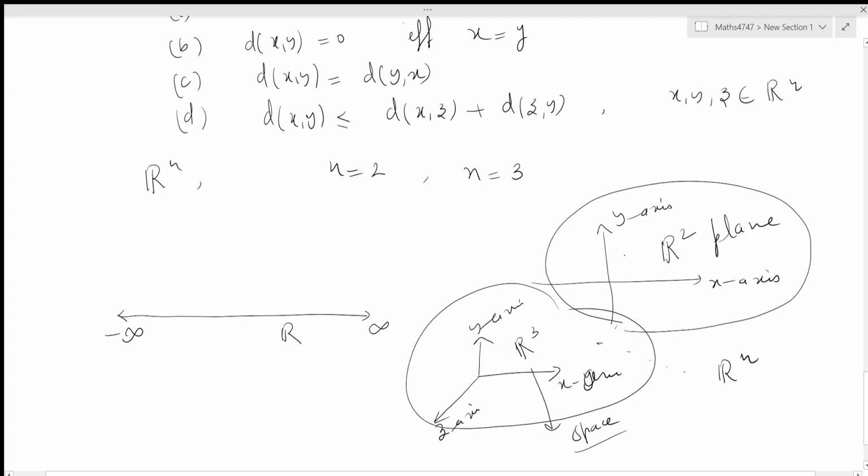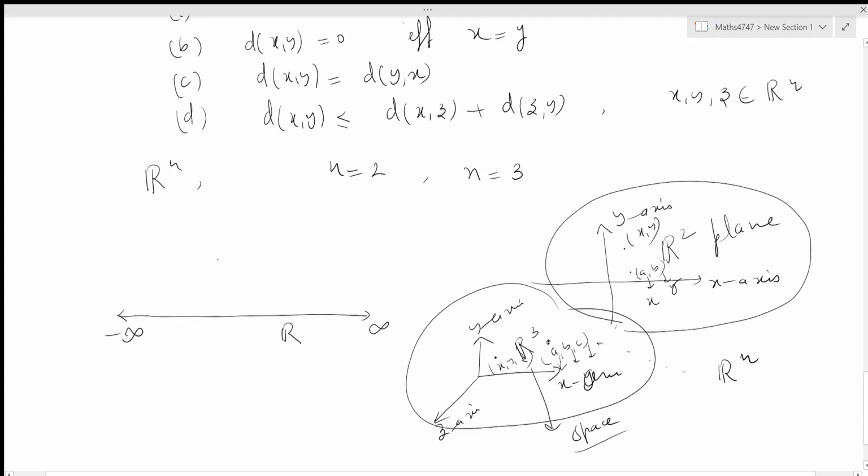In the R^2 plane, any point on this plane is of type (x, y), or you can write (a, b), where a is from x and b from y. And in R^3, any point is of type (x, y, z), or (a, b, c), so there are three coordinates, a from x, b from y and c from z.